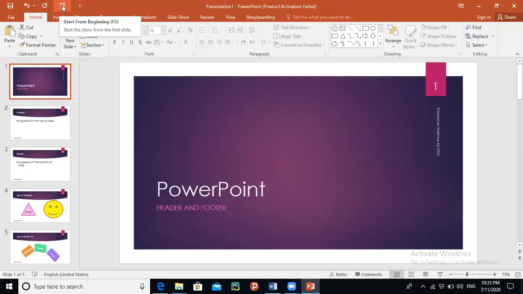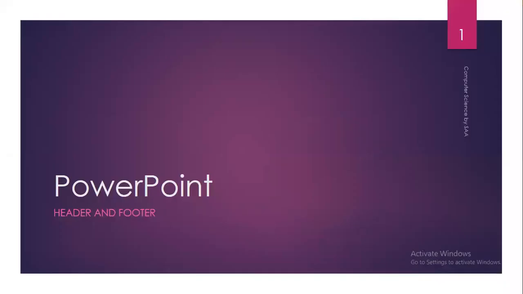I am going to click over here. Then you can see the difference between this style which is appearing on the screen and the slideshow. When you start a slideshow, the slides that you have created appear on the full screen. Now they are ready to be presented.